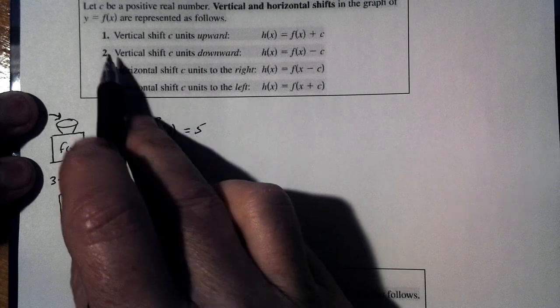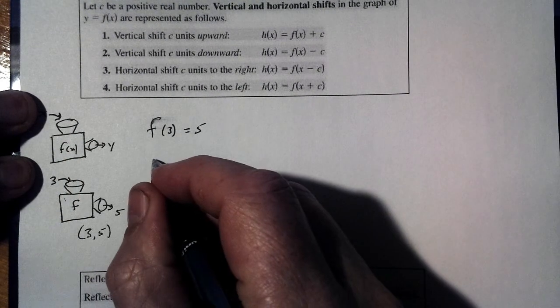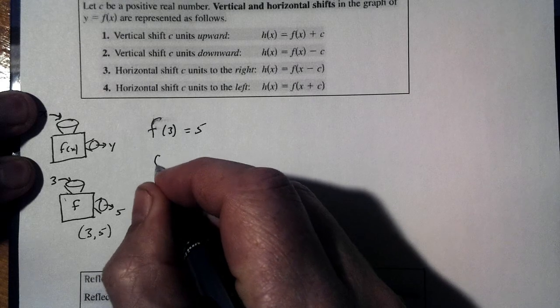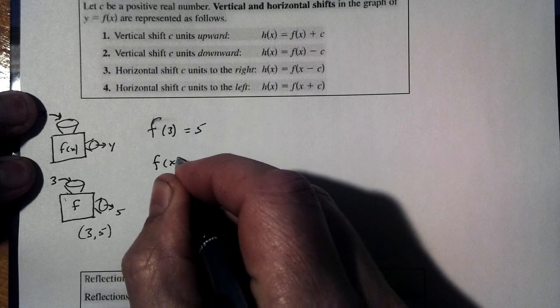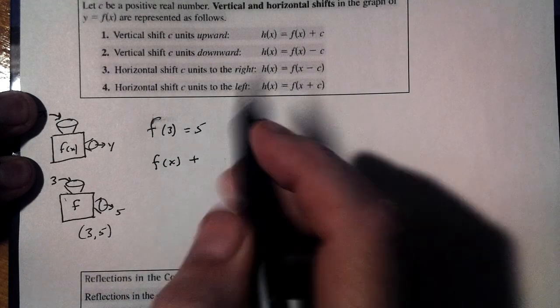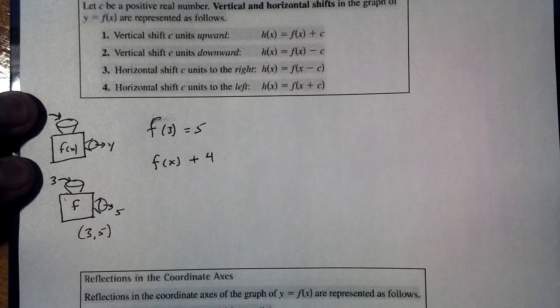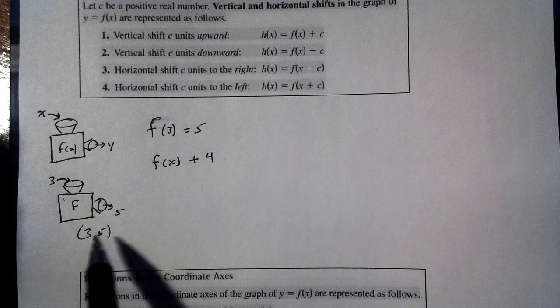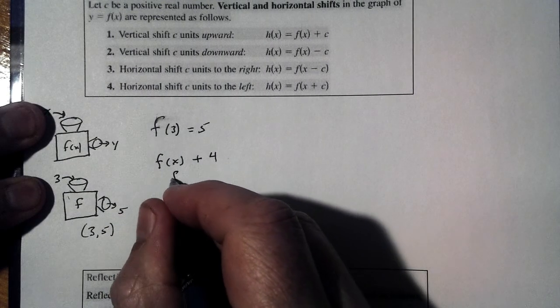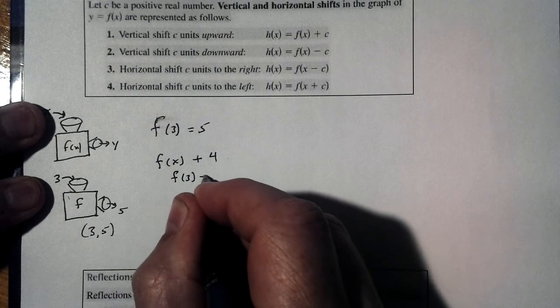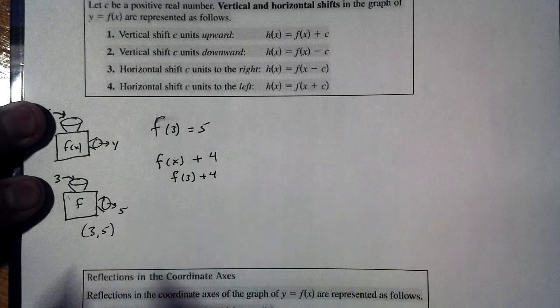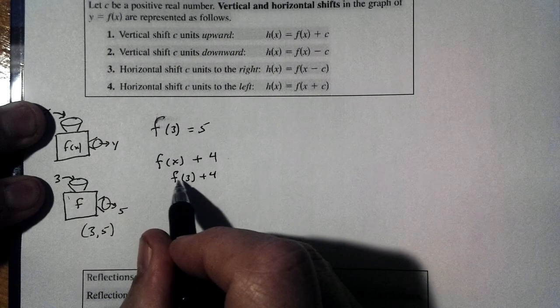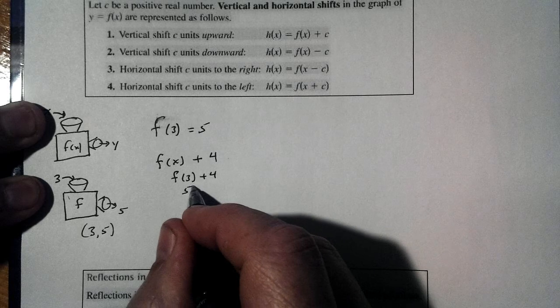So let's consider this vertical shift idea. What if I wanted to deal with f of x plus, let's say, 4? I don't know what all of f of x is, but I do know what f of 3 is. So I'm going to replace that with f of 3 plus 4. And f is a factory that takes 3's and turns them into 5's.